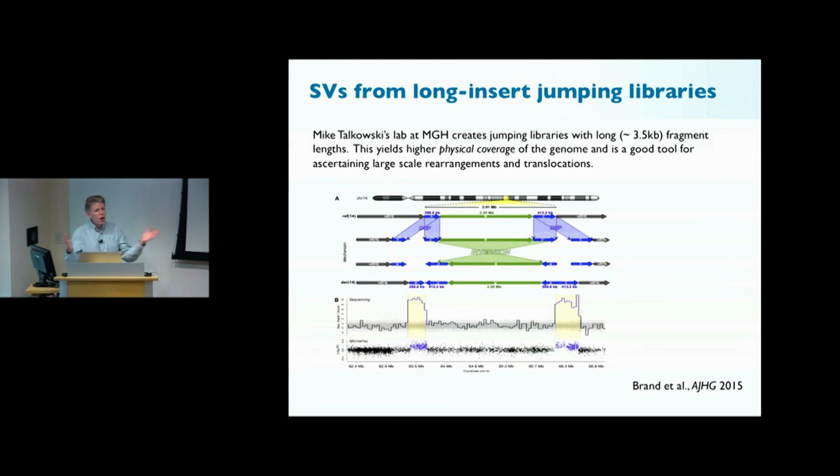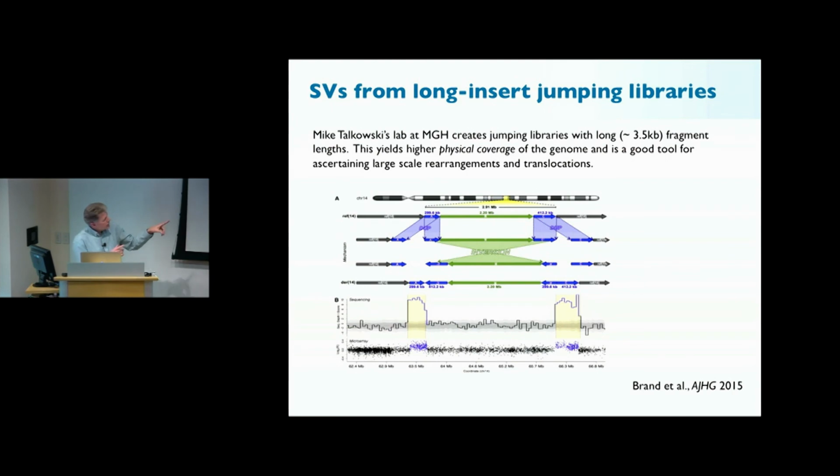If you take longer molecules, 3 kb or 5 kb, and sequence just the ends, you get read pairs that are now much more likely to hit a structural variant. So you're increasing your power to detect large structural variations by sequencing long molecules at the same depth as you would sequence shorter molecular fragments.